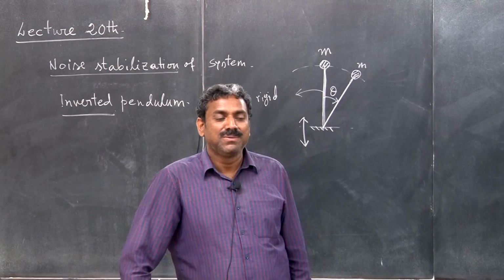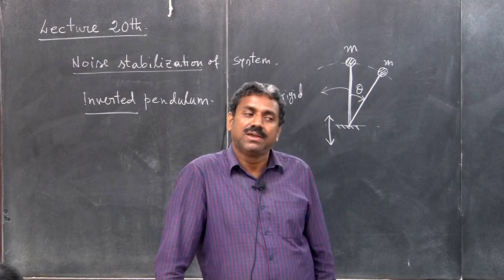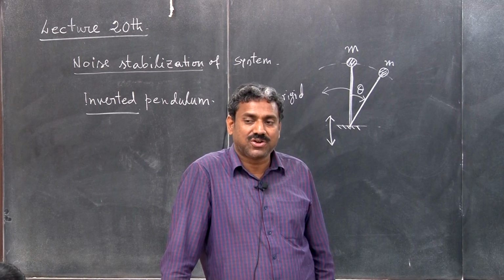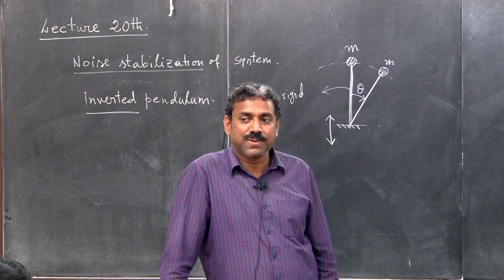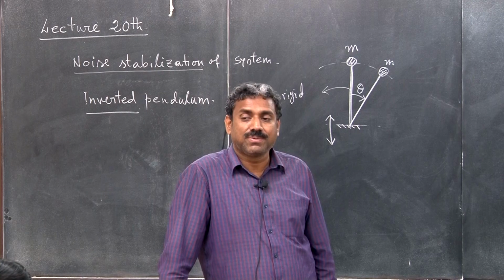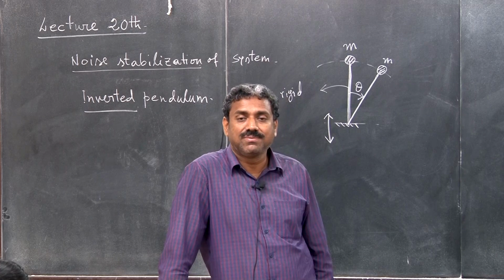This might be a simple example, but it can also be utilized. Sometimes you see structures subjected to earthquake excitation, especially vertical excitation, okay. So both types of excitation, horizontal as well as vertical. Consider a system which behaves like an inverted pendulum.